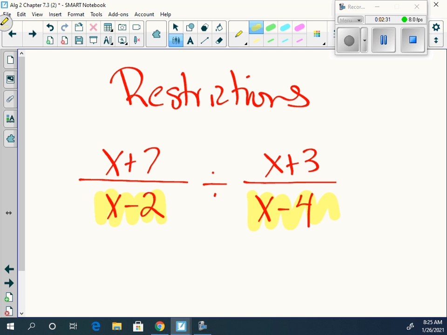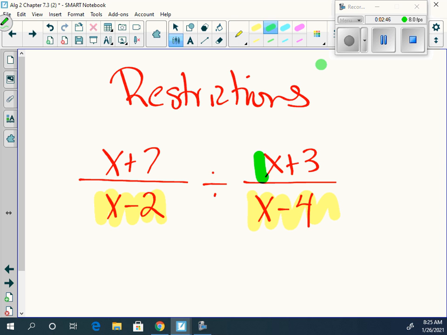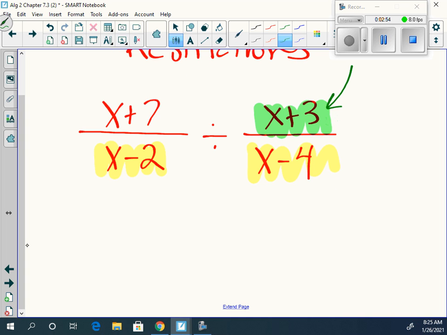Is there any other place that we'll need to look at for these here? Because there is going to be one. Yes. We're now having to look at x plus 3. Because if, let's just say I plugged in a value here, well, that would be -3, yes?